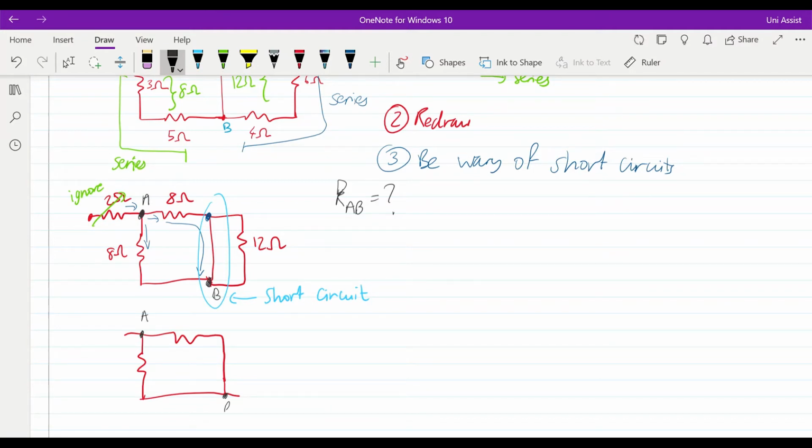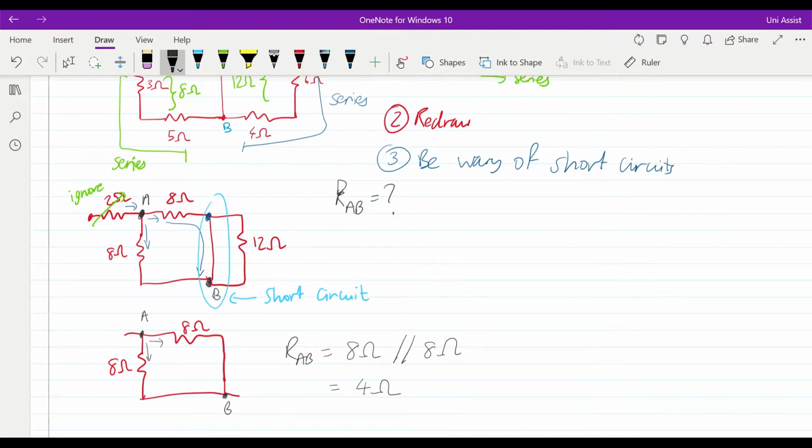And as I said before, the current at point A splits off like that, which means straight away that I know it's going to be a parallel connection. So my final answer, RAB, is going to be 8 ohms in parallel with 8 ohms. And this is simply just 4 ohms.